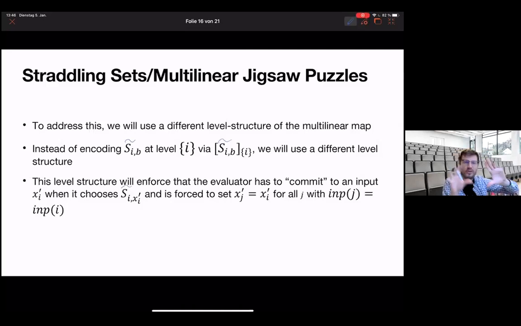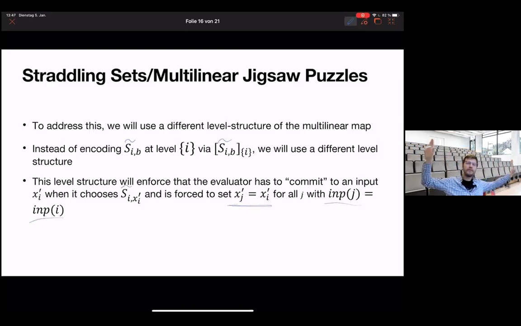Once you've chosen one matrix of this form, this level structure will force you, for all other inputs j for which imp(j) is the same as imp(i), to choose x'_j as x'_i.